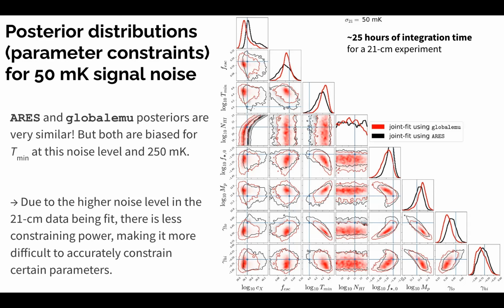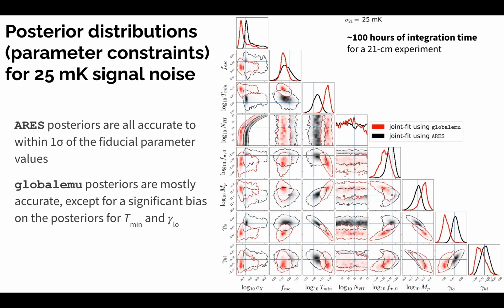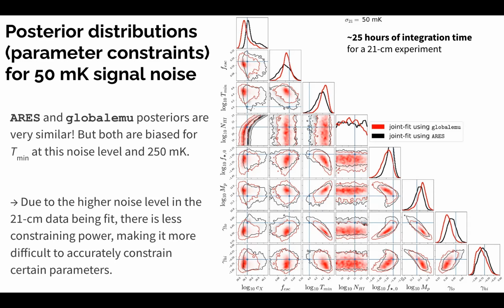But the main idea, flipping between these two plots again, is that Aries is pretty accurate between the two noise levels, and Global Emu becomes even more accurate when we go to higher noise levels with respect to Aries. What I'm going to talk about in the next slide is when we actually compare each of these red and black distributions.